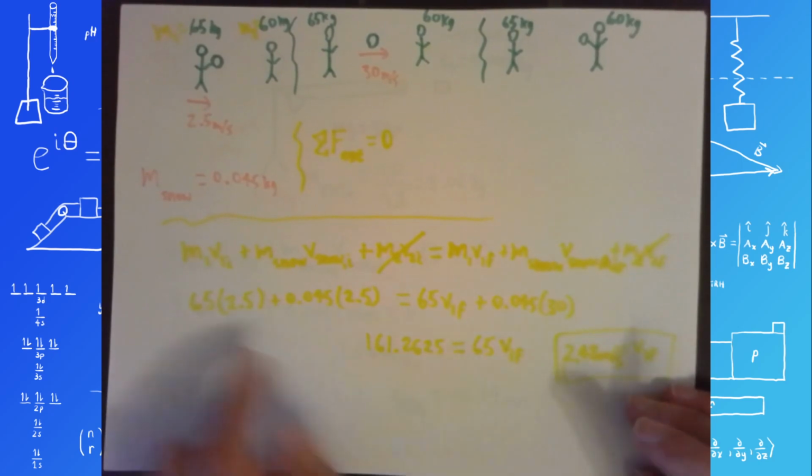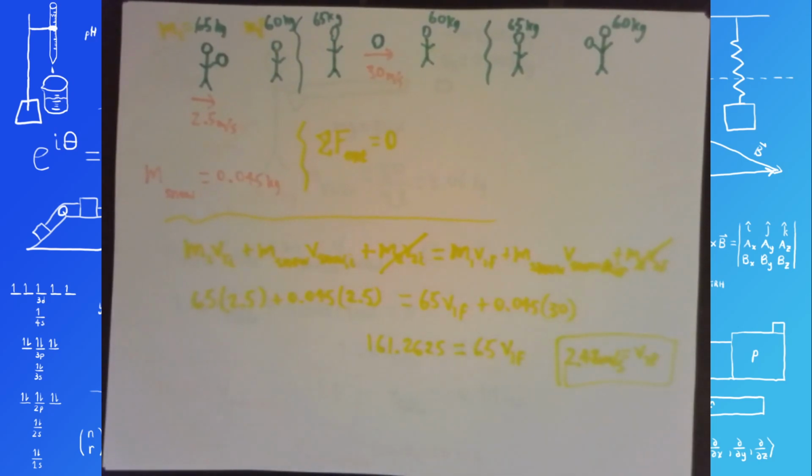So they were initially moving at 2.5 and they got slowed down just a little bit from throwing a snowball, which isn't surprising considering how little mass the snowball has compared to the person. We shouldn't expect that much of a change in their velocity. And it's also then not very surprising that the direction of their velocity is still forward. After all, this came out positive.